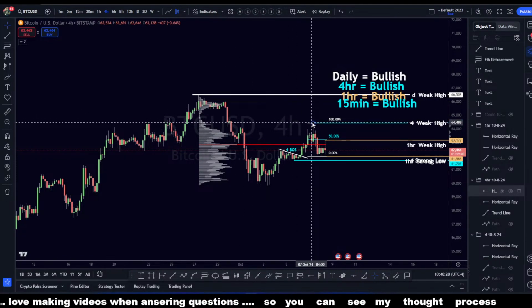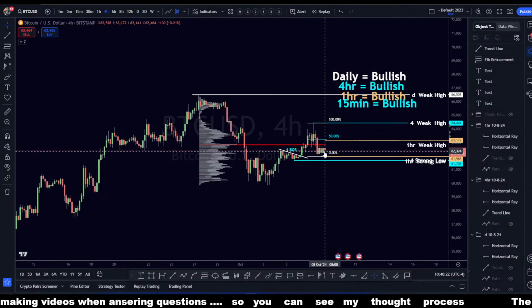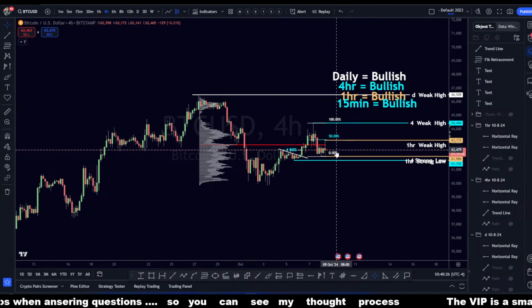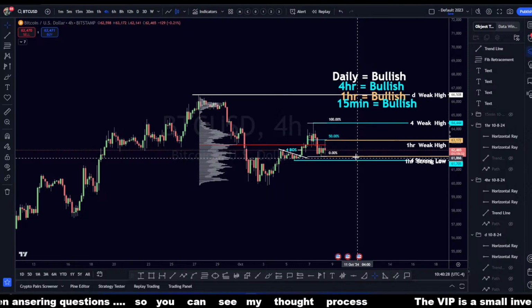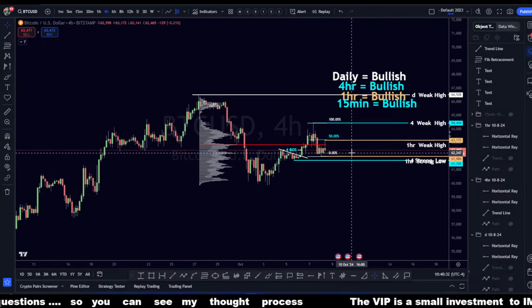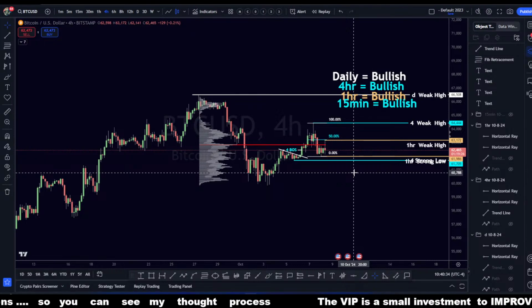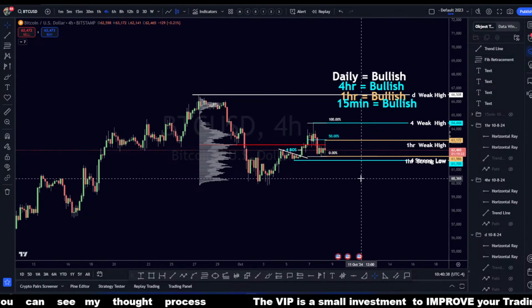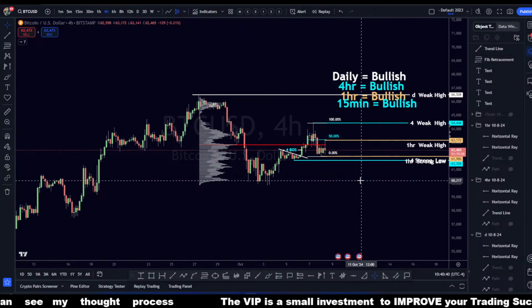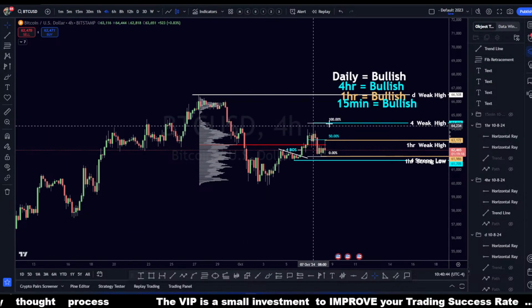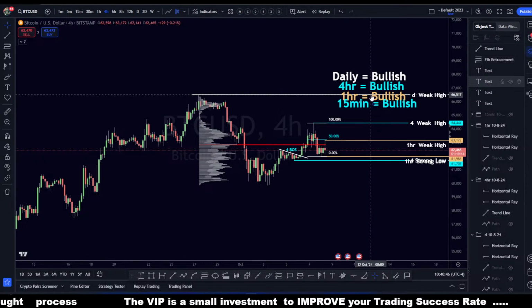It came kind of close to it and then started coming down. I think it's just going to trade in this range for a little bit until it breaks. I really want to say until it breaks down. You take this liquidity, and then we'll have to see if it breaks further down or if it comes back into this range to come up to get this fair value gap and then break this.